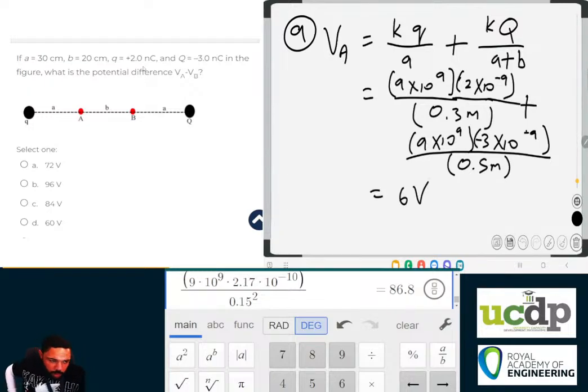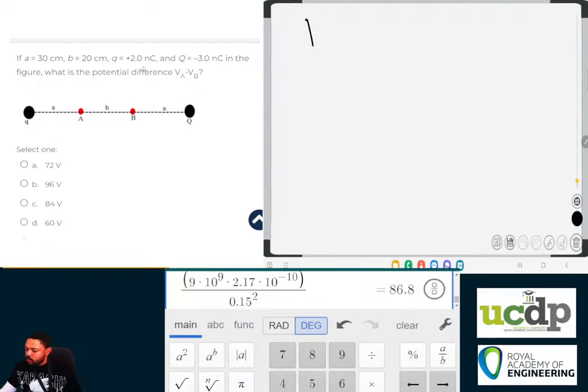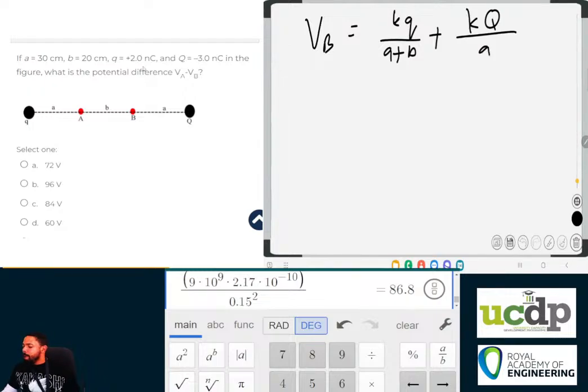Okay, the potential at point A due to those two charges is 6 volts. Now we do the exact same thing for the potential at B. The potential at B will be due to the charge, KQ, at a distance of A plus B away, plus K big Q, which is a distance of A away. Now, this is 9 times 10 to the 9.